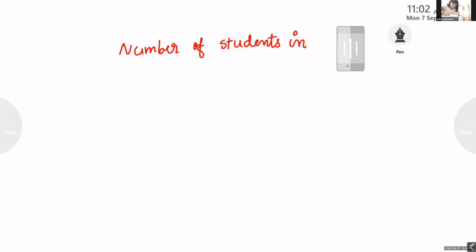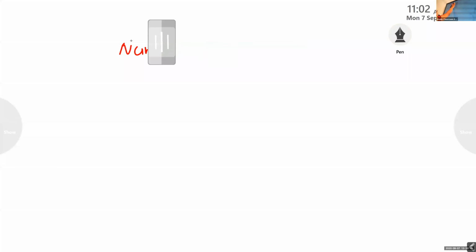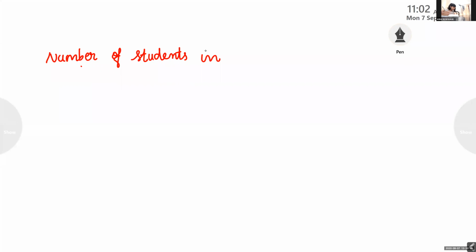Page number 33. Number of students in school A equal to 1205.